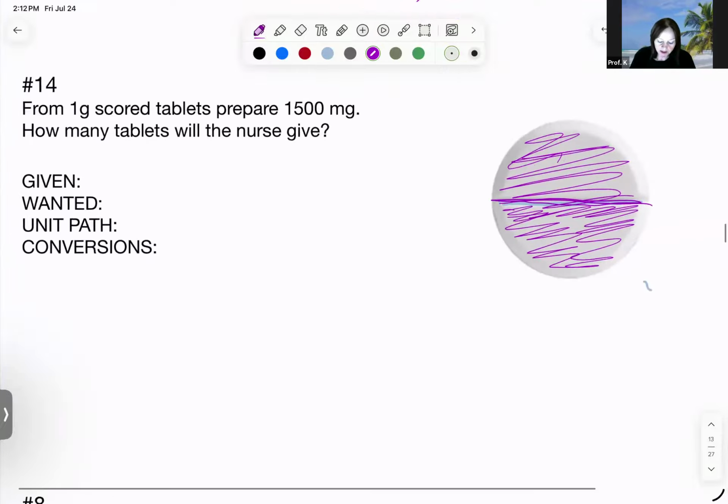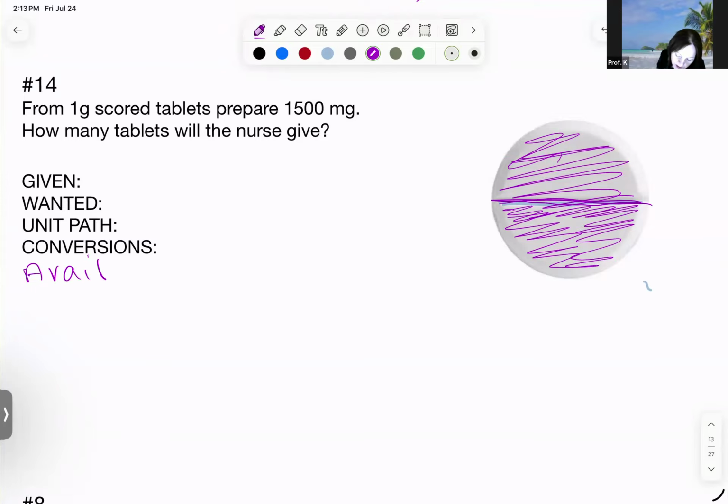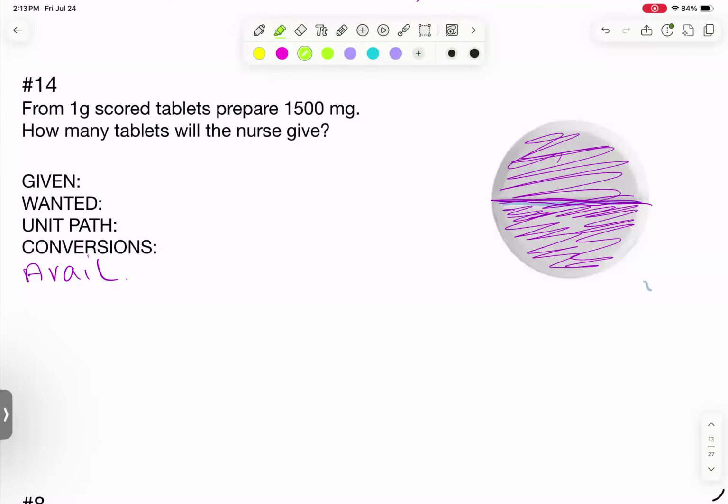So when I look at this, it says from 1 gram tablets, prepare 1,500 milligrams. How many tablets will the nurse give? So what's my given in this question? 1,500. Right.